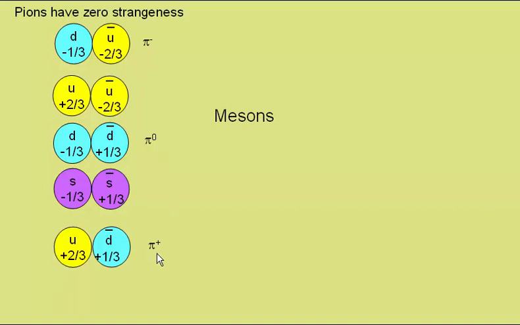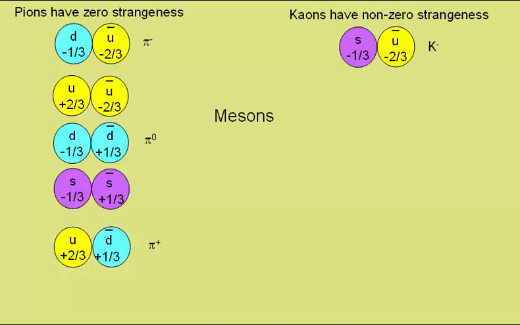Also the pi pluses, which is an up anti-down, so we have a charge of +2/3, +1/3, overall a charge of +1. All these charges are linked to the charge on the electron. The kaons have non-zero strangeness. So we have the K minus, which is a strange anti-up.